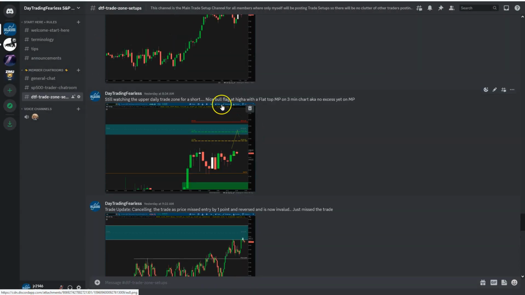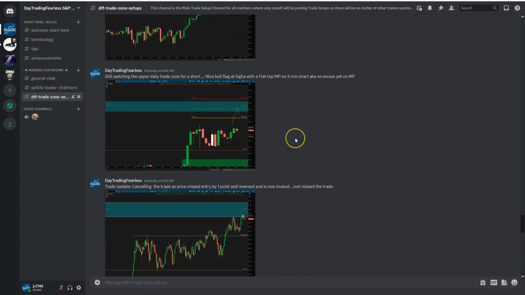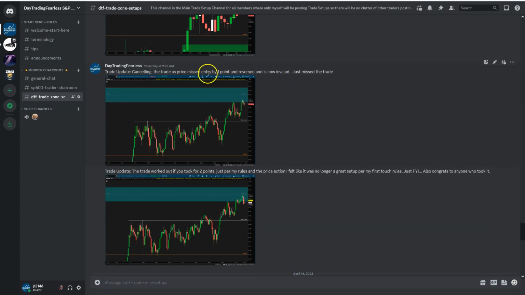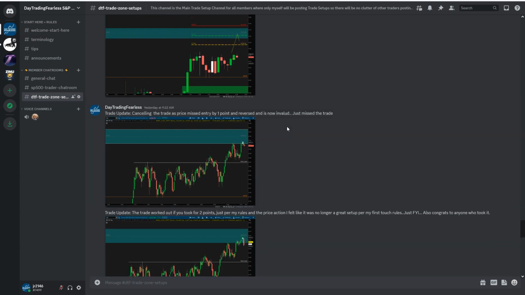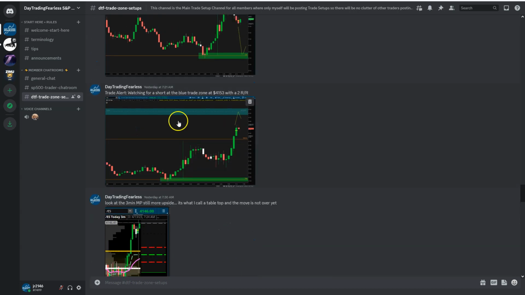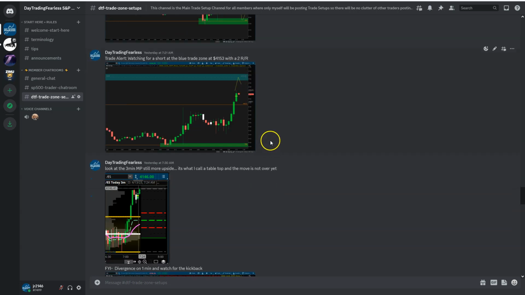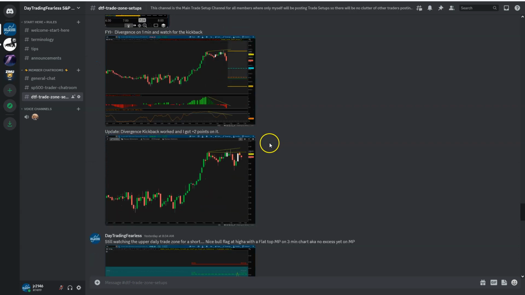I think I put it down somewhere. I just want to show you guys, because I believe I did this one early. Yeah, so here's a good example. 41.53 with a 2RR. If you see RR, risk reward, it means a 2-point stop, 2-point target, right? Quick, get me in, get me out, things like that.